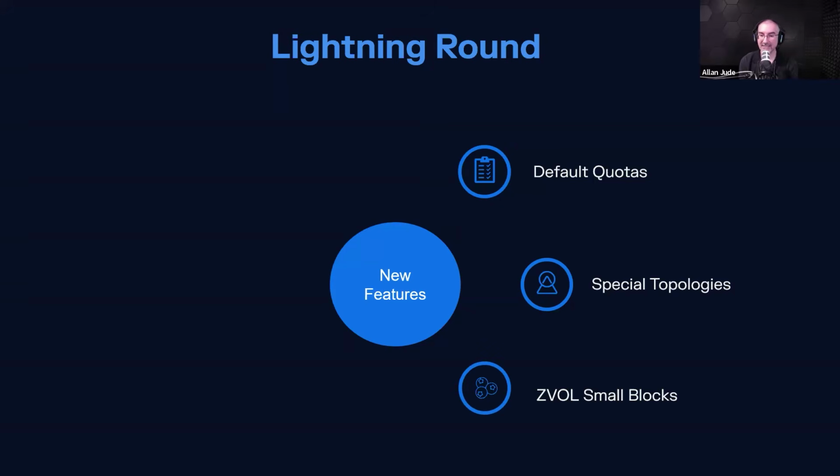And then kind of related to that, if you have a small number of ZVols on your system, for example, a VM you run on a server, you can now opt that small blocks on a ZVol, which in general will be all the blocks because all the blocks on a ZVol are the same size, can be written to the special VDEV.